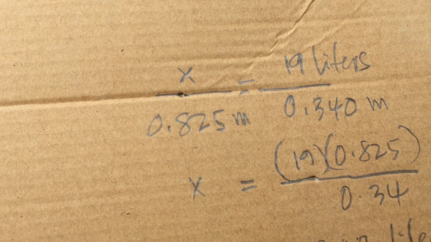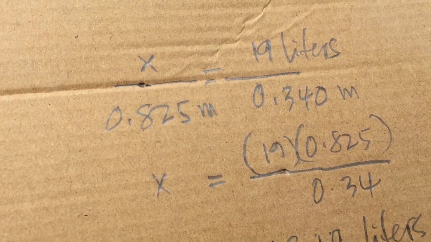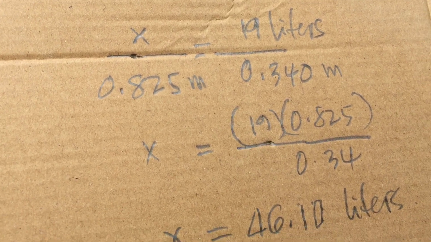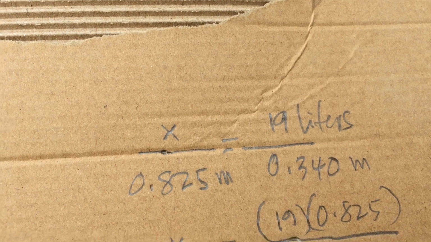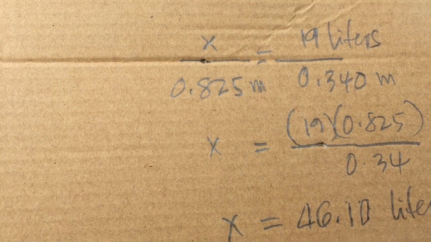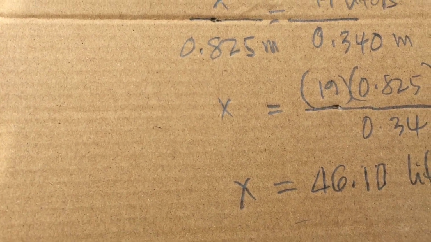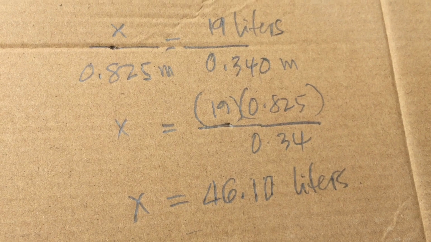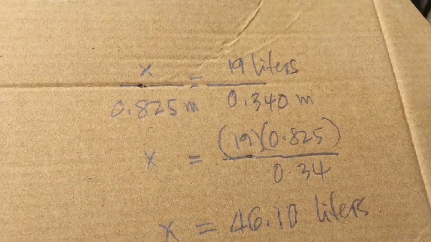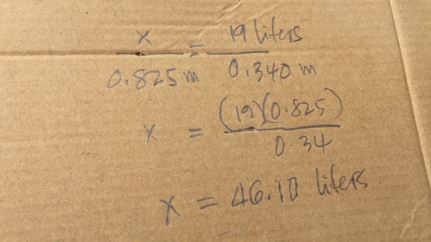So by proportion, 19 liters multiplied by 0.825 divided by 0.34 equals 46 liters. So that's the volume we need for this concrete.